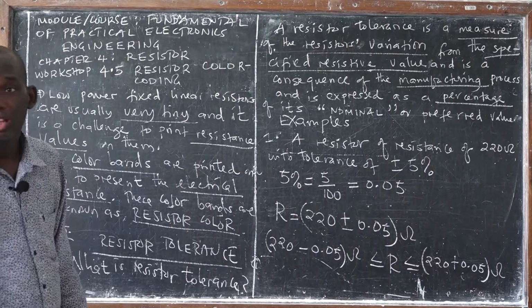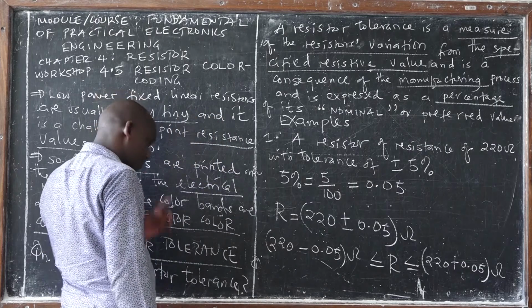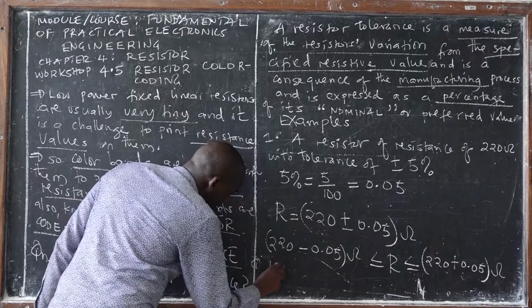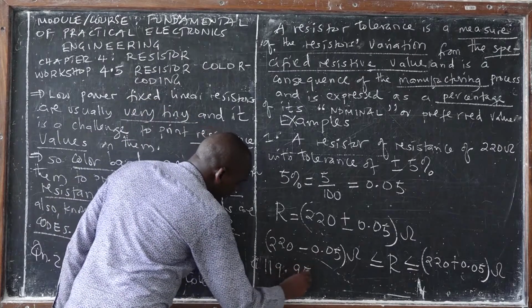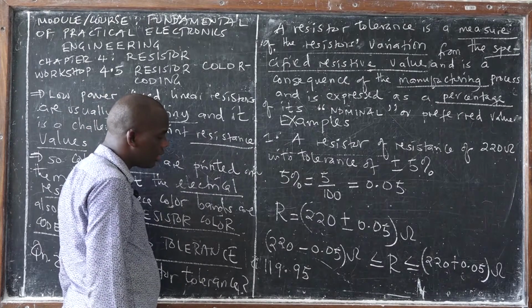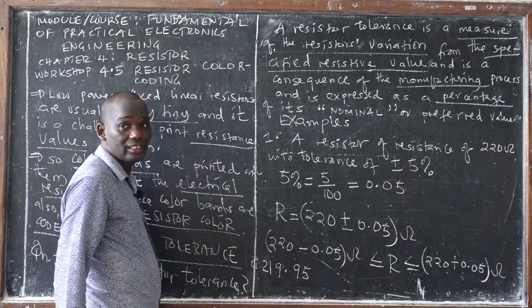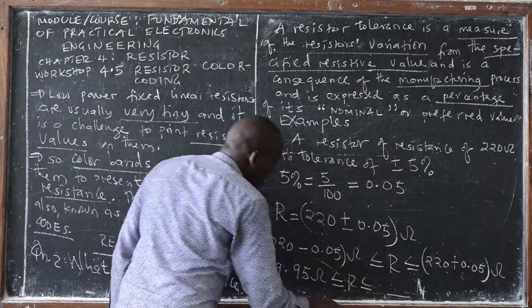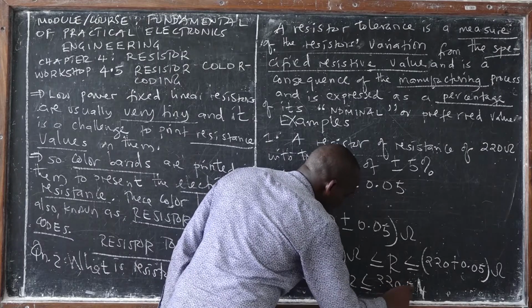Are we together? So 220 minus 0.05 gives 219.95 ohm, less than or equal to the resistance, and this is less than or equal to 220.05 ohm.